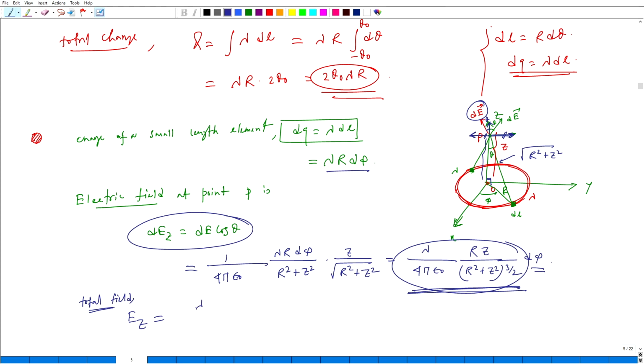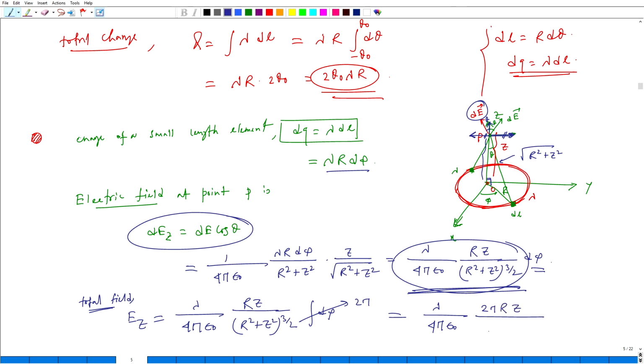So this becomes lambda over 4 pi epsilon naught times 2 pi r z over r square plus z square, the whole to the power 3 by 2.